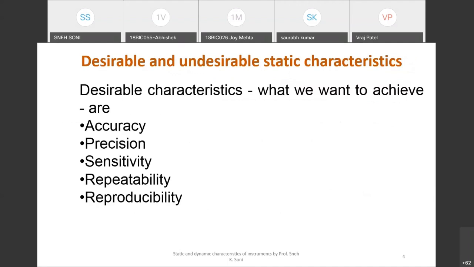We have not discussed the exact definitions of these terms till now, but you already know that accuracy should be high, precision should be high, right? So you already know these terms in a general understanding, but we'll be studying them with reference to their definition as well as some examples. So accuracy should be high, precision should be high, sensitivity should be good, repeatability and reproducibility should be good. These are the desired static characteristics.